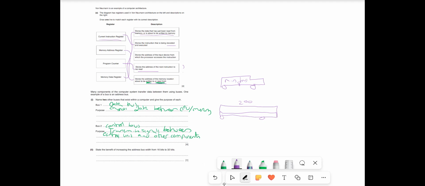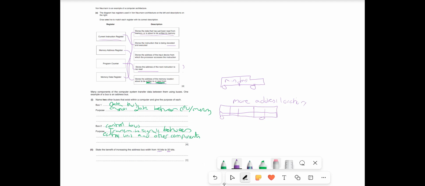Imagine that we were to increase our address bus from 16 people to 32 people. What's going to be the benefit? Well, if we can have more people, or potential people, that means we can have more address locations. That's the point of the address bus. It stores memory address locations. The wider it is, the more memory address locations we can store.